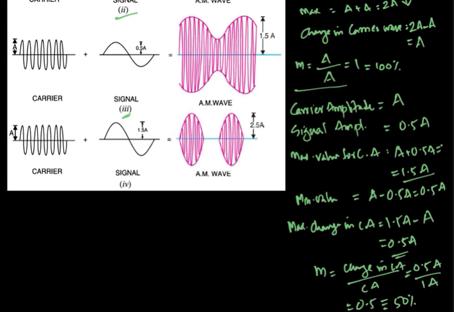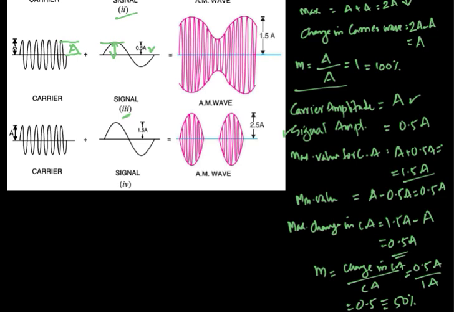Now I will explain what these factors are. Here, this is the amplitude of the carrier wave, which is given by A, that is the first statement. The second one is signal amplitude. Here this is the signal, and the signal amplitude is given by this value, 0.5 A.